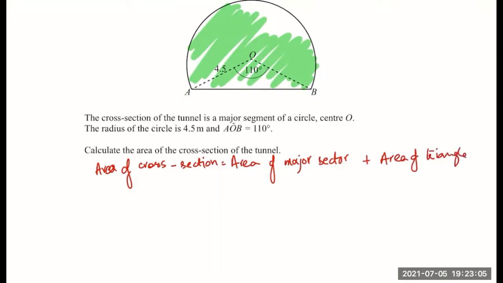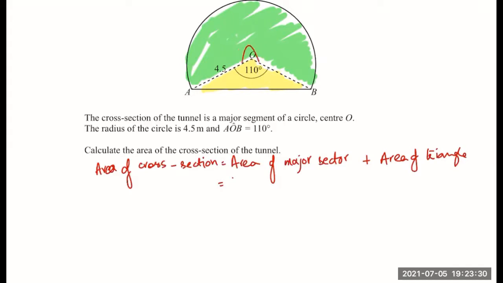Okay, because this is the major sector, this is the sector that I'm talking about, and this is the triangle that I'm talking about. If I want to find the entire area, I have to find these two separately. So I'm going to say that area of major sector is, if I'm talking about the major sector, I need this outer angle as well.